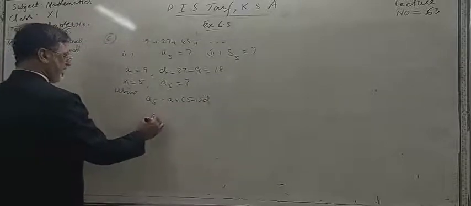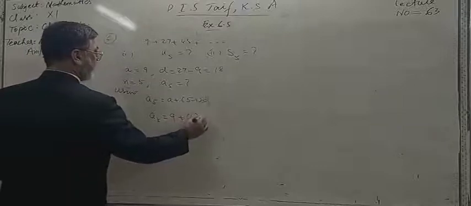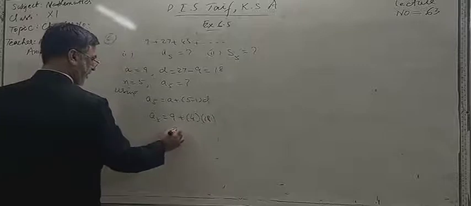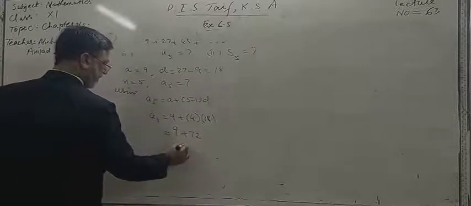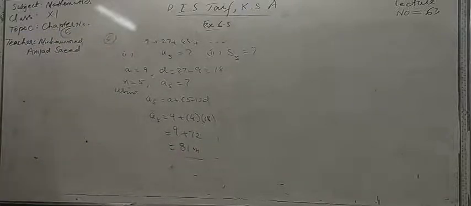So A5 is equal to 9 plus 4 into 18, that is 9 plus 72, that will be 81 meters. Dear students, in the fifth second, he will fall 81 meters.